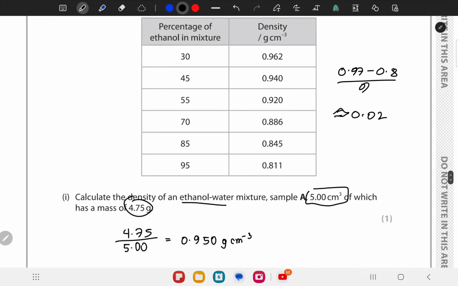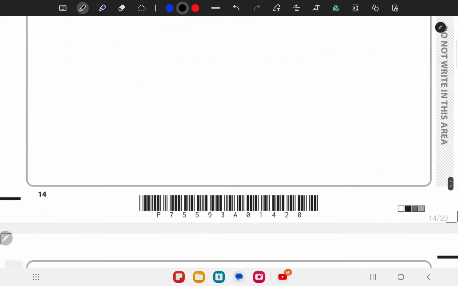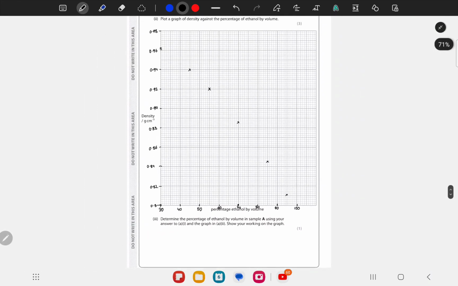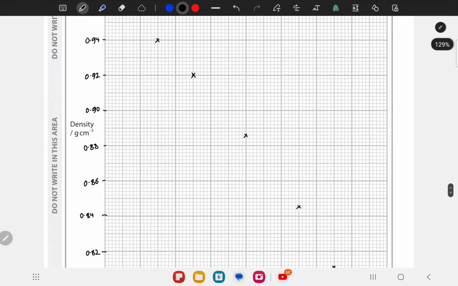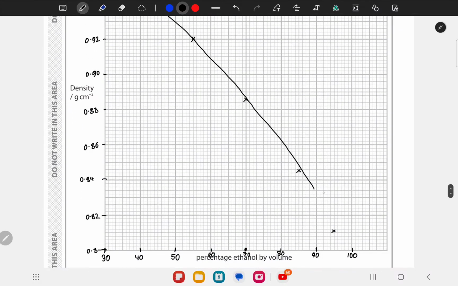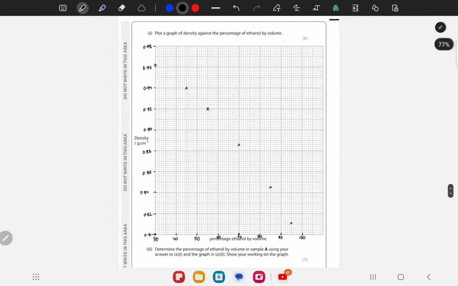Now for the last pair of values we have 95 comma 0.811. 95 over here, and 0.81 is over here, 0.811 is over here. Now we'll just draw a curve to connect all those points. My line is pretty shaky and inaccurate. You can draw it much better than I am doing.